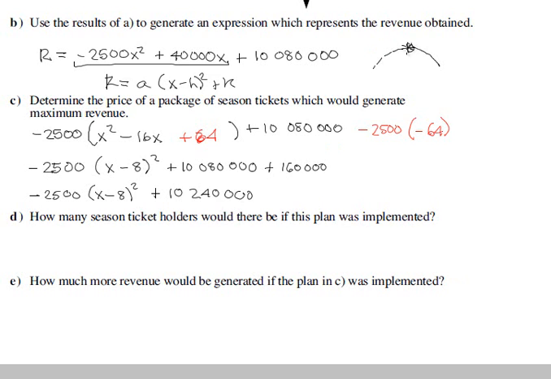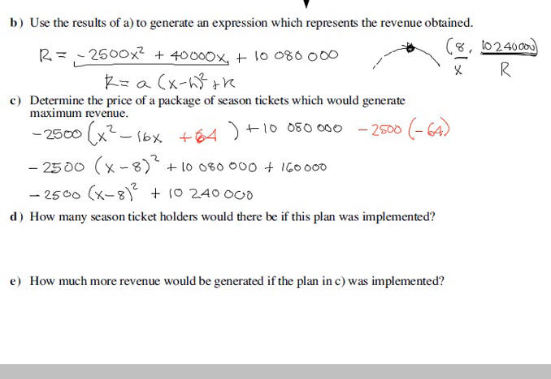That means the location of our vertex here is 8, 10,240,000. What does this mean? This is our x, and this is our revenue. So the vertex is telling you the best money you can possibly make is $10,240,000. How do you get it?